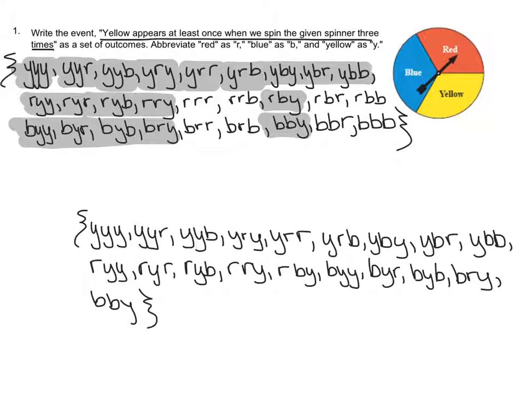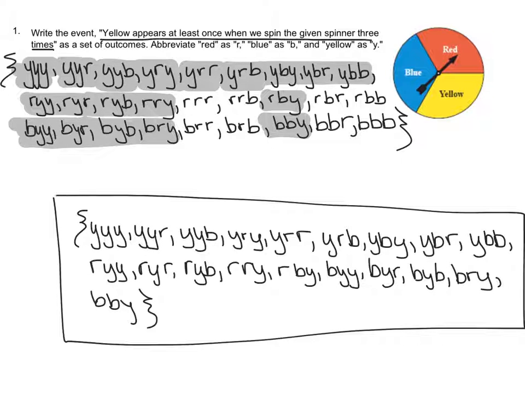And these outcomes that I highlighted are called the event that yellow appears at least once when we spin the given spinner 3 times. And here at the bottom of the screen, I've just listed all of these outcomes individually, and I've put them within brackets. That's typically how we write a set of outcomes.